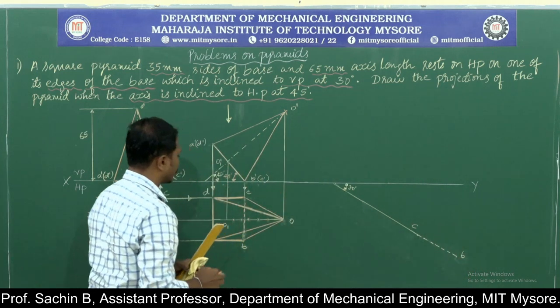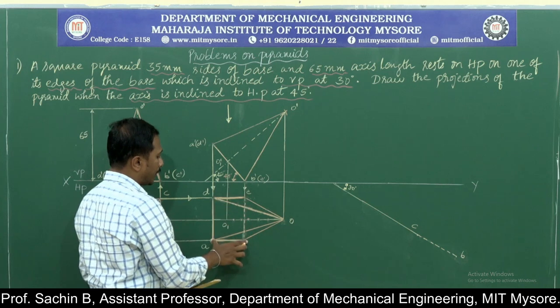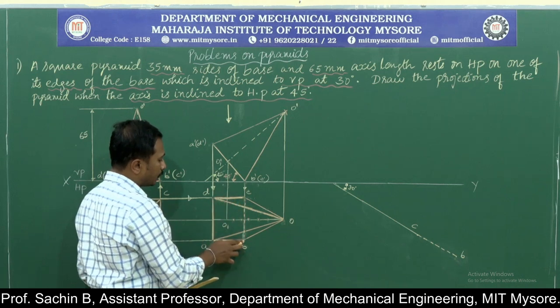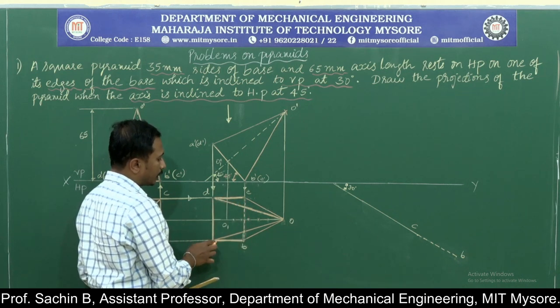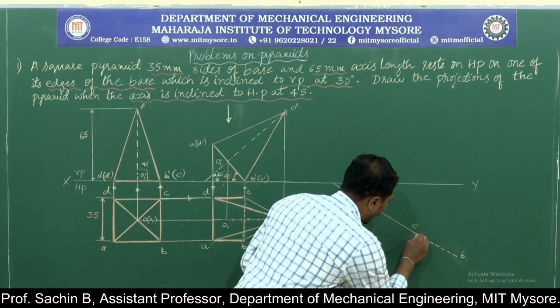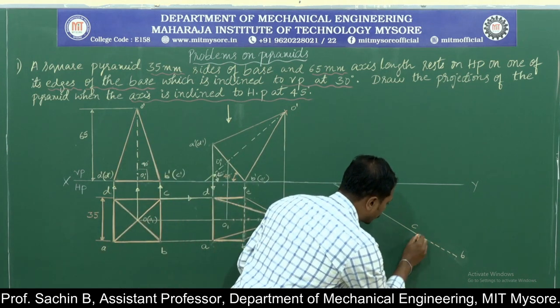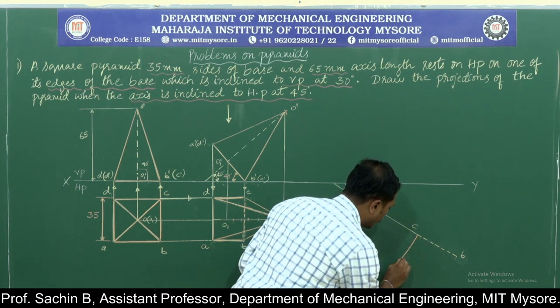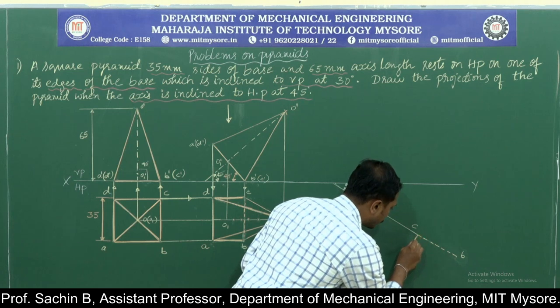Next I go for constructing C to D and A to B. Now C to D will be in a straight line. Again, this line will be a vertical line. Now by keeping the protractor, I am going to mark 90 degree towards this side, of the length, whatever length is given.